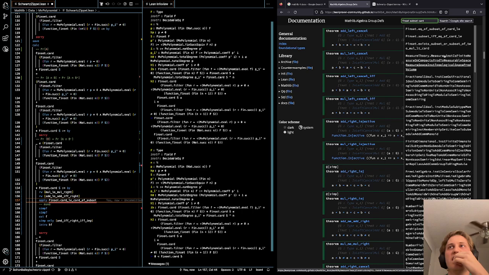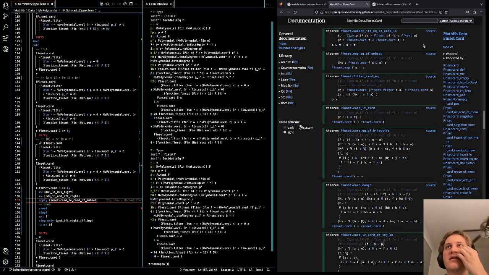I can't even interpret what this subset said. I'm just so curious to see what this lemma is. Subset if and only if equal of card LE. Okay. Card LT card. Okay, is it like card LE card? This is like strict subset, right? I bet it's just card LE card.